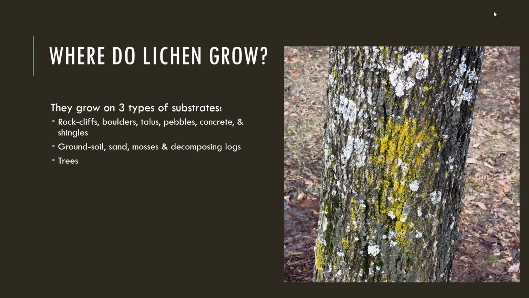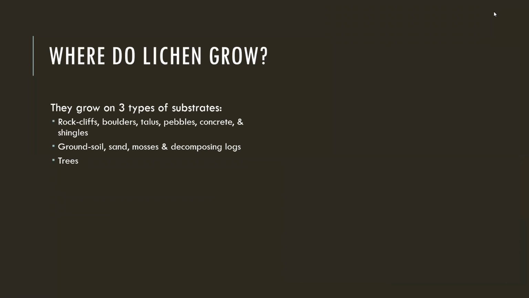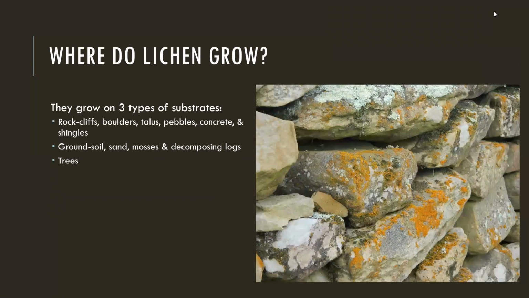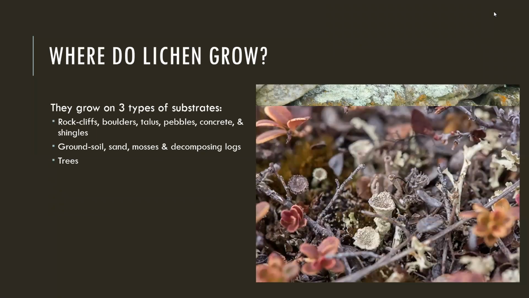So the lichens are decomposers, and they tend to grow on trees that are already sick or dying. They don't actually kill the tree. You can see some lichen growing on the ground. We got some trumpet lichen right here in this picture.